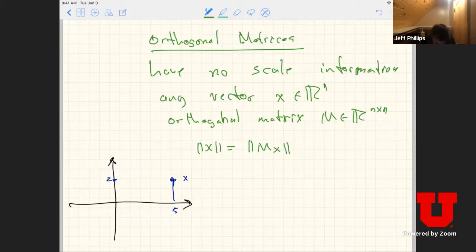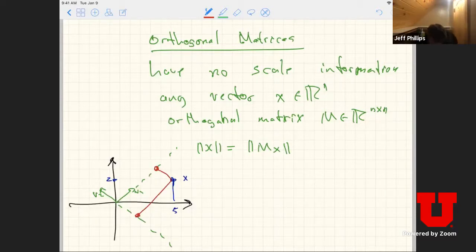Let's call this v1 and v2. Then when I take the dot product, I'm basically projecting it onto here and onto here. I'm getting two new vectors here.